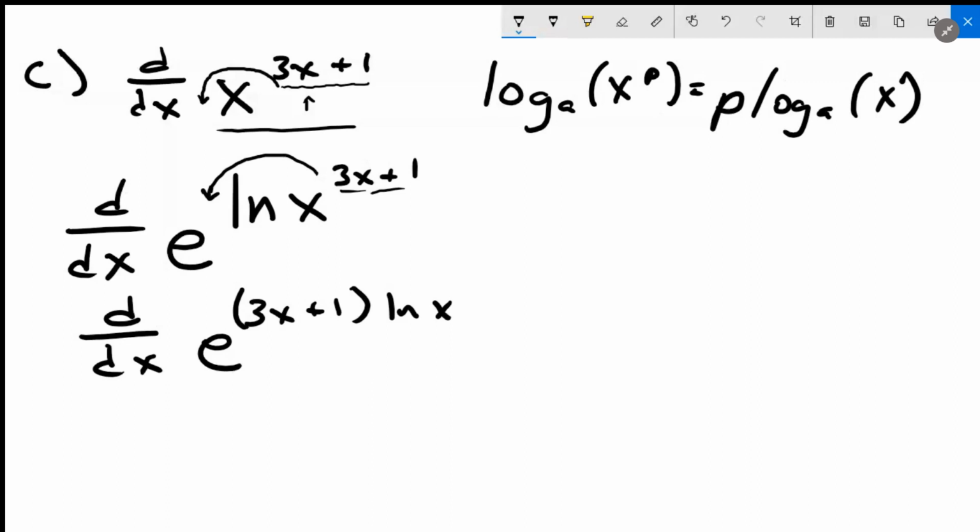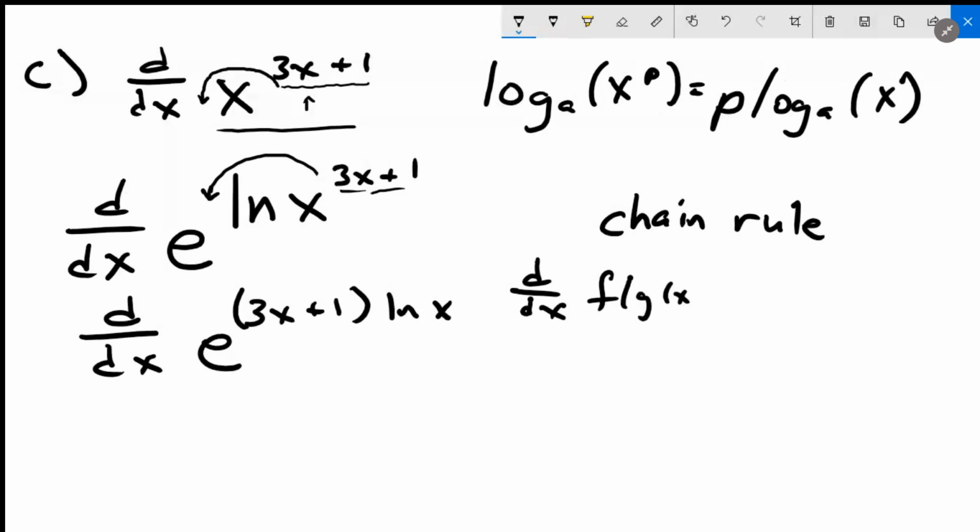So now that we have this, this looks a little hard to differentiate, but you may have learned this already, there's a rule called the chain rule, which says that the derivative of f of g of x equals f prime of g of x times g prime of x.